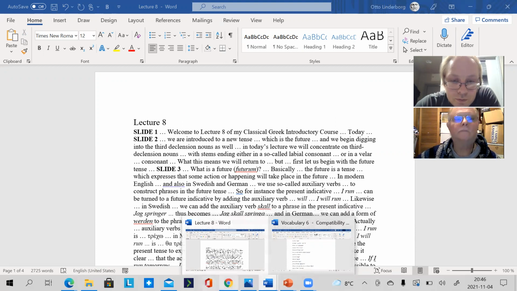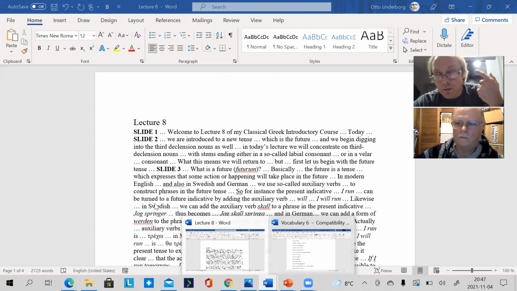So that's just a good way of knowing, when you know what case and what number a relative pronoun is in, you can deduce which word in the preceding clause it refers to. So that can sometimes be useful.